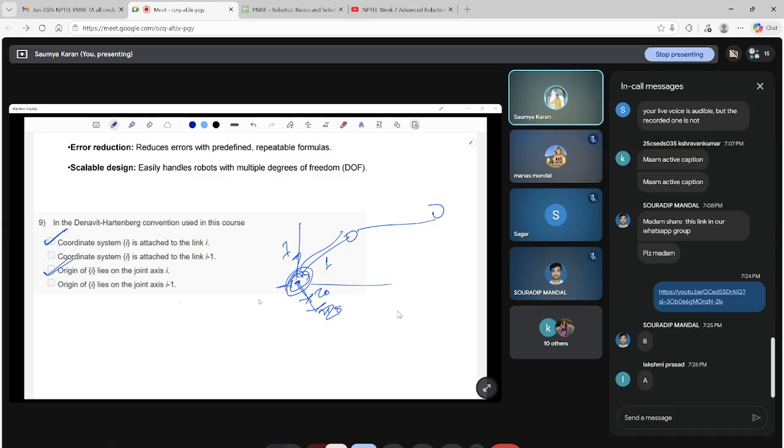Okay, so each frame I is associated with link I and joint offset I. So it is not with I minus 1, because in one of the conventions, the modified DH parameters, it is different, but we won't go into that. So zi axis is aligned with the joint axis I and origin of frame I lies on that axis.